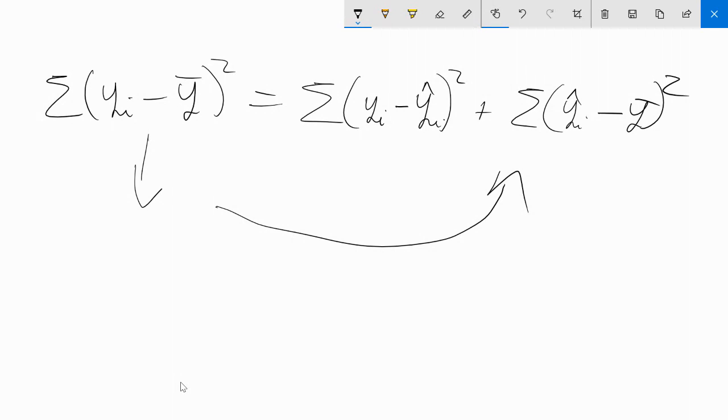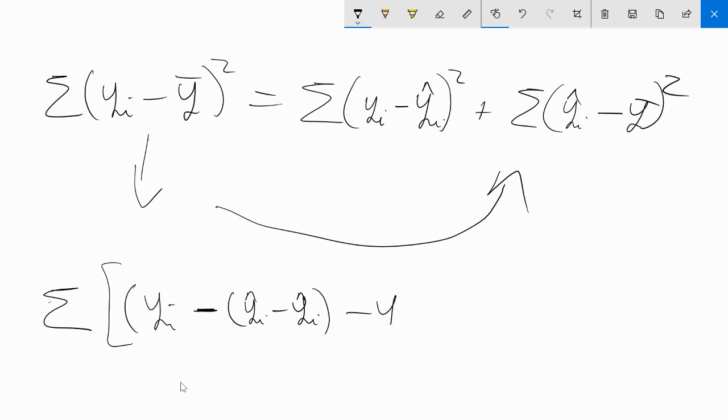Another thing, or the hint that I can give you, is that when you move from here, you introduce 0 in the form of yi hat minus yi hat. So this is 0. So you're going to introduce 0. Let me do this.